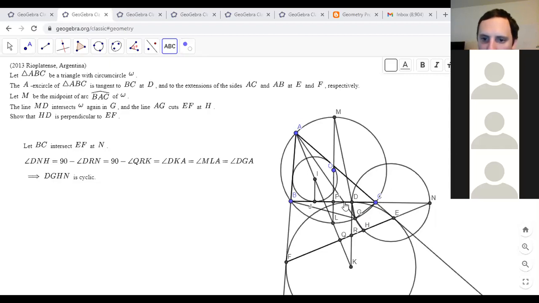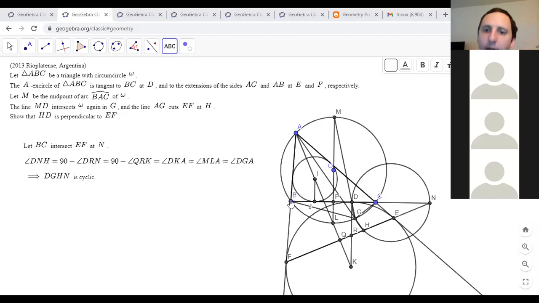I think what we could just say is that we want to show B, C, D, and N are in harmonic conjugation. That's why you try to show that AD, BE, and CF concur, by Menelaus? I feel like there's got to be a simpler way to show that.